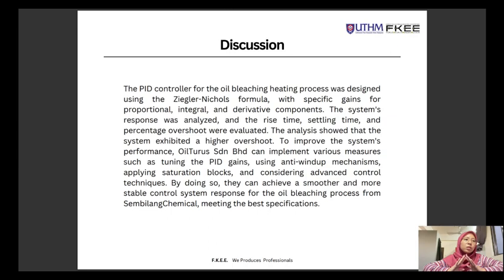As we found with the overshoot, it indicates a higher overshoot in this system response.